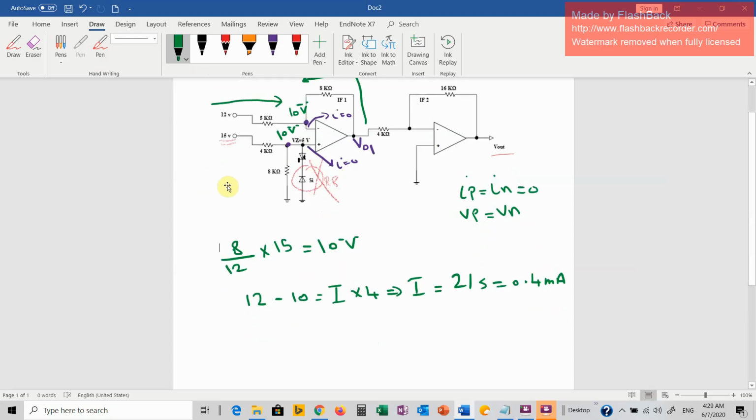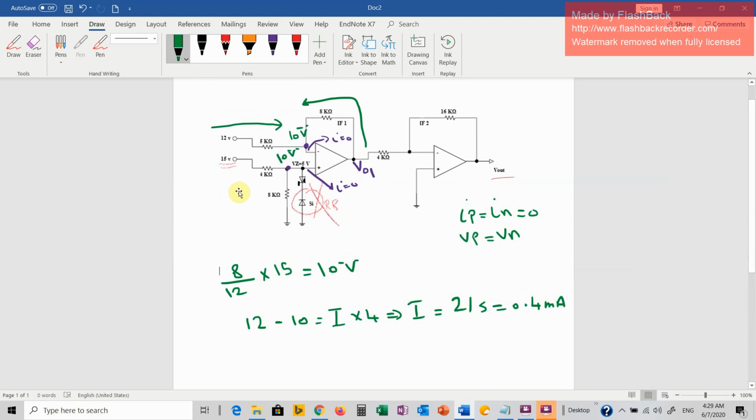So I can write KCL: minus 0.4, and here minus (V out 1 minus 10) by 8, because RF1 is equal to 8, is equal to 0. So this is going to be plus, this is going to be plus.